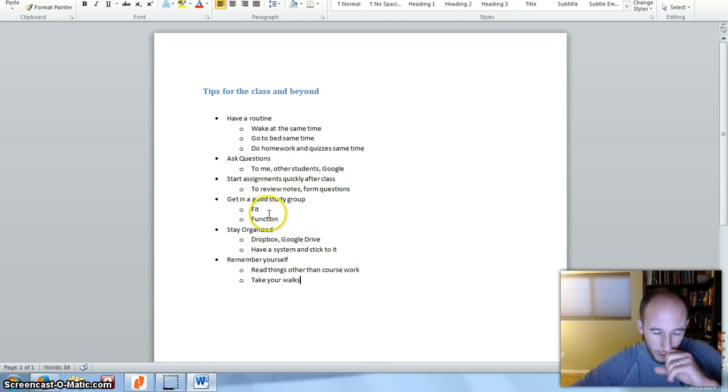Study groups, since you guys are spread out like you are, study groups are real important. They can be kind of a blessing or a curse. I was pretty particular about the study groups that I was in. My study group was not a social group. There's a difference there, and I picked my study groups accordingly. I didn't want to be in a study group where people came totally unprepared, had no idea what they were doing.